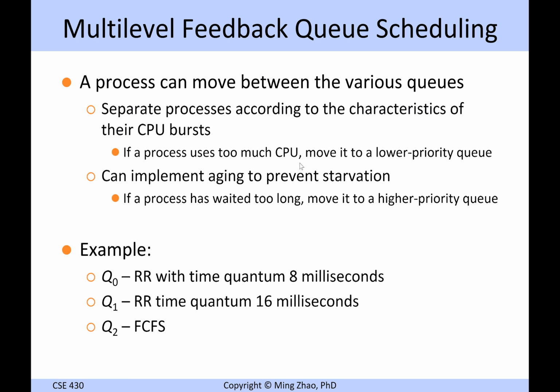The interactive process, generally speaking, has short CPU bursts because it requires interactivity. It wouldn't just use the CPU for a long time because it has to wait for the user to input, or generate output for the user to respond to. But background processes or batch processes typically have long CPU bursts because they do not require interactivity.